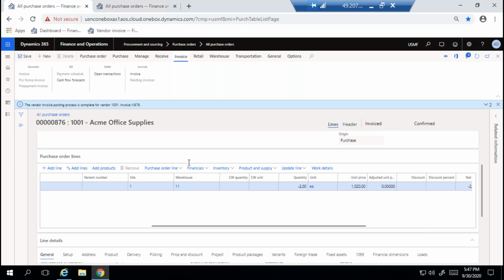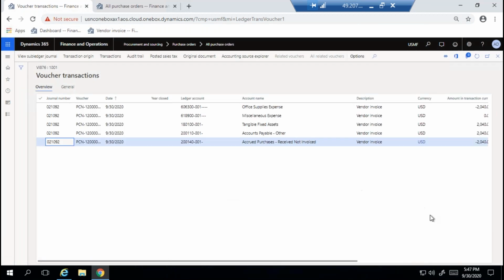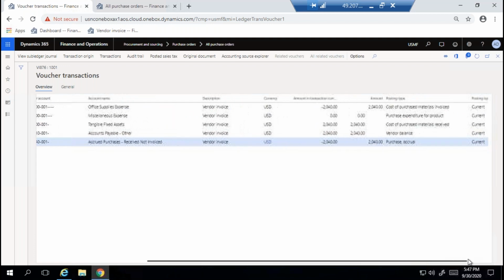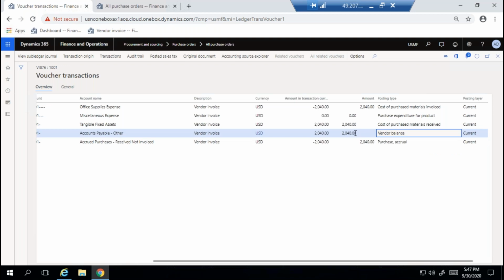Because of this minus, all the financial postings will be exactly opposite in the voucher. Debit will be credited, credit will be debited. That is the major difference between the purchase order and the return. At the time of vendor invoice it was credited for purchase orders, now it will be debited.